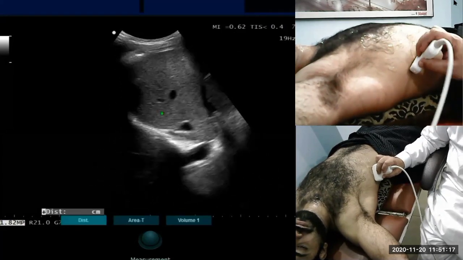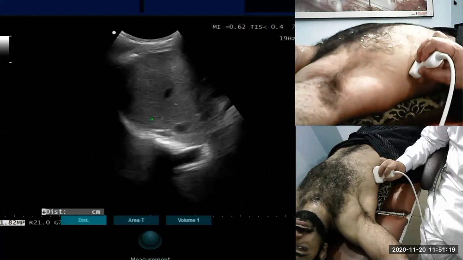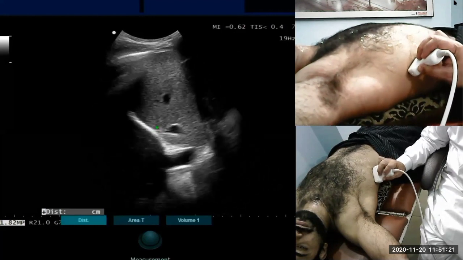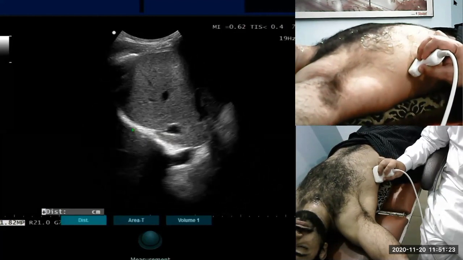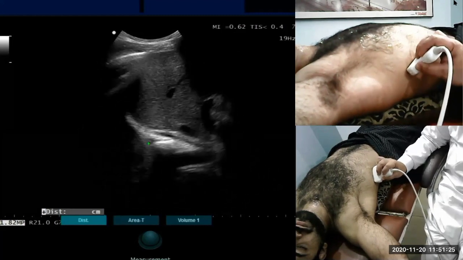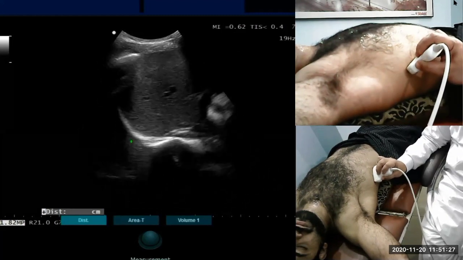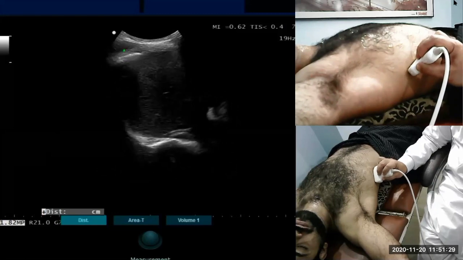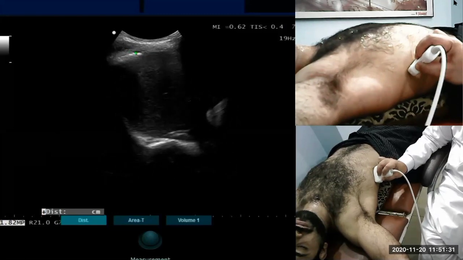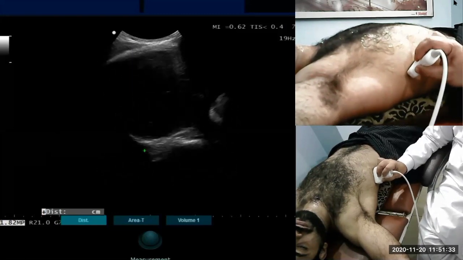Here you see the liver, the dome, and above is this pleural space. So if there is any effusion, we will see here. There's the anterior costophrenic, and this is the posterior costophrenic.